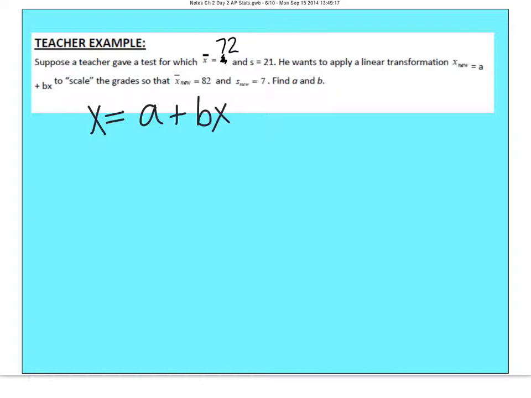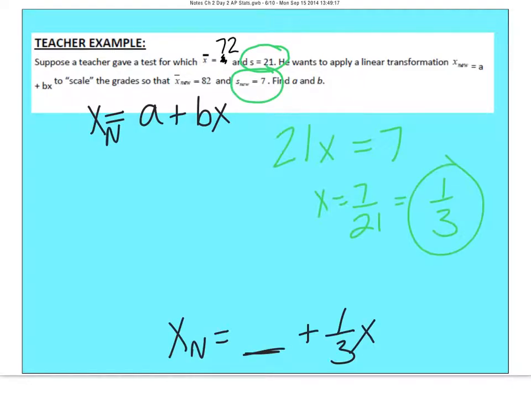So on the transformation, if this is the new, I'm going to start to build my transformation right now. It's going to be something plus 1/3 times x. Now, what's the adding or subtracting? I'm going to have to go look at the calculation for the mean. So the mean went from 72 to 82, so I can actually set up a transformation. The new answer was 82.